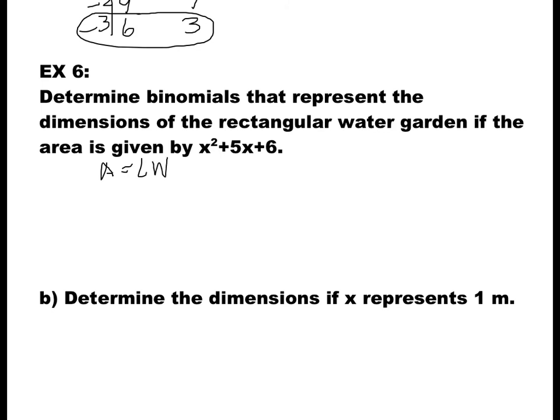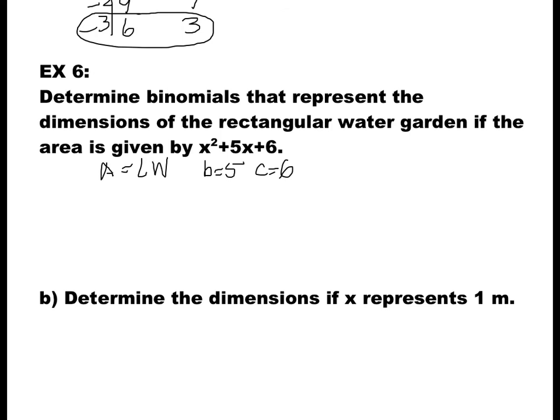This means that we should try to factor this quadratic equation. Now, if you look at this quadratic, the leading coefficient is 1, a is 1, b is 5, and c is 6. So I should be able, hopefully, to find two numbers whose product is 6 and whose sum is 5.